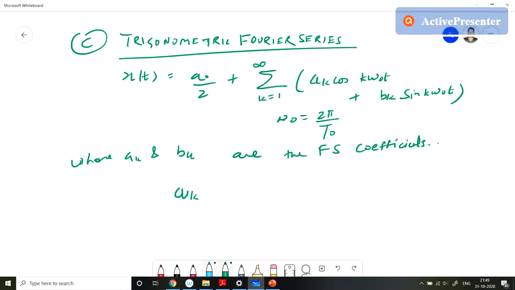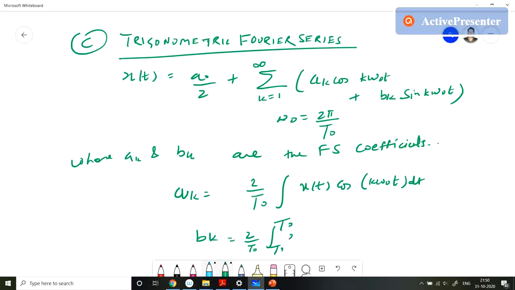So ak = 2/T0 times the integral of x(t) cos(k omega0 t) dt, and bk = 2/T0 times the integral of x(t) sin(k omega0 t) dt, integrated over the time interval T0, the time period. So this is ak, this is bk, and this is a0 divided by 2.